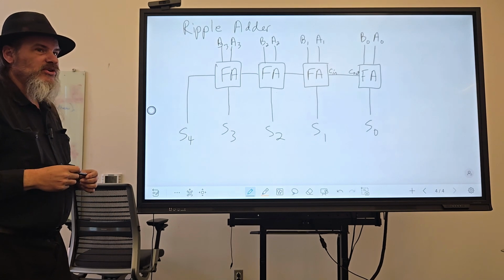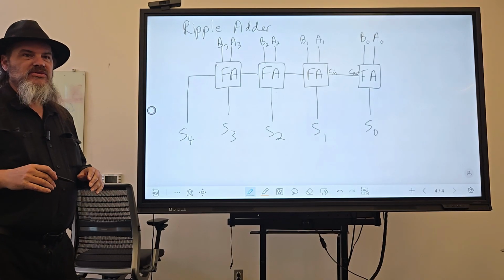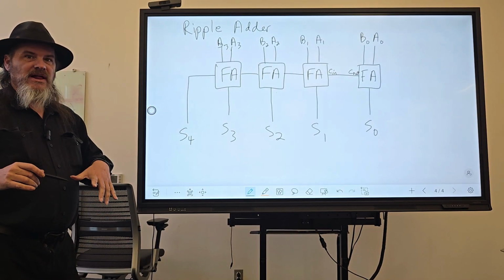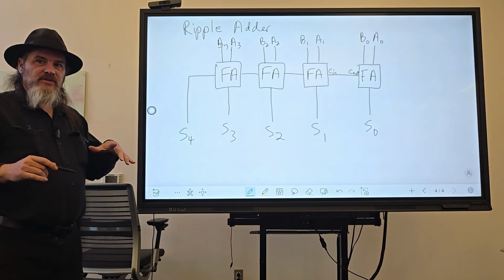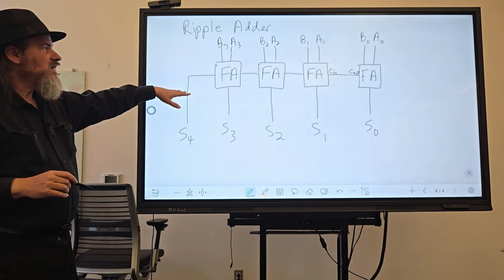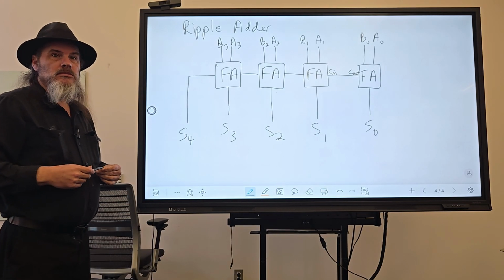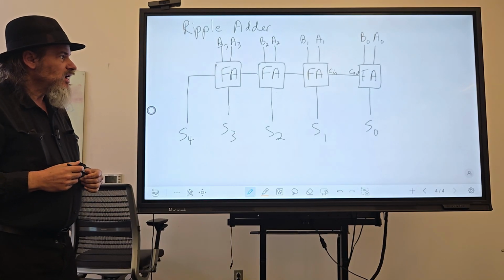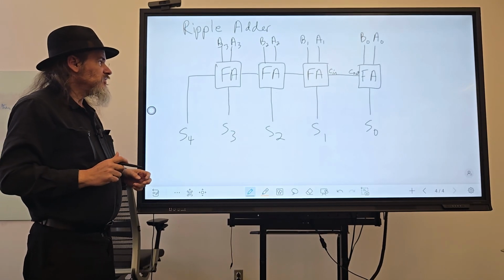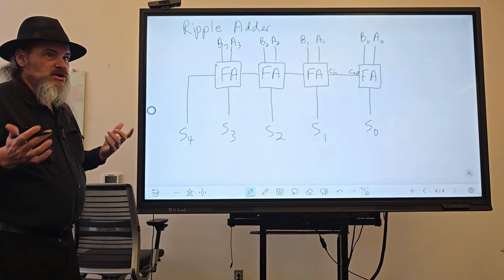There are what are called look-ahead adders that are much more complex, where the result is valid at the same time. But for simplicity's sake, this will work for most arithmetic logic units. If the logic is fast enough, you wouldn't notice the difference.